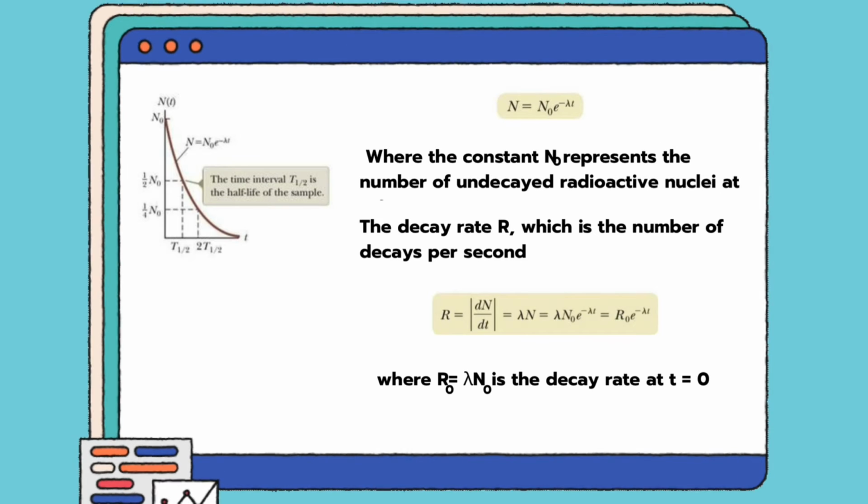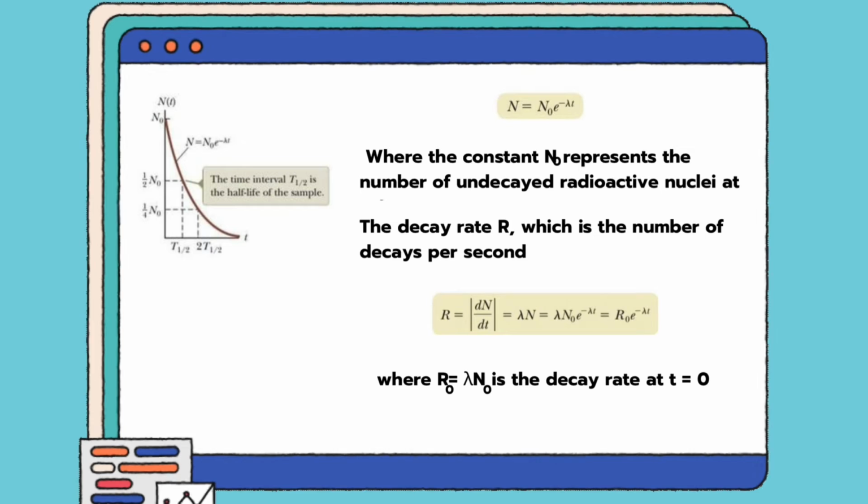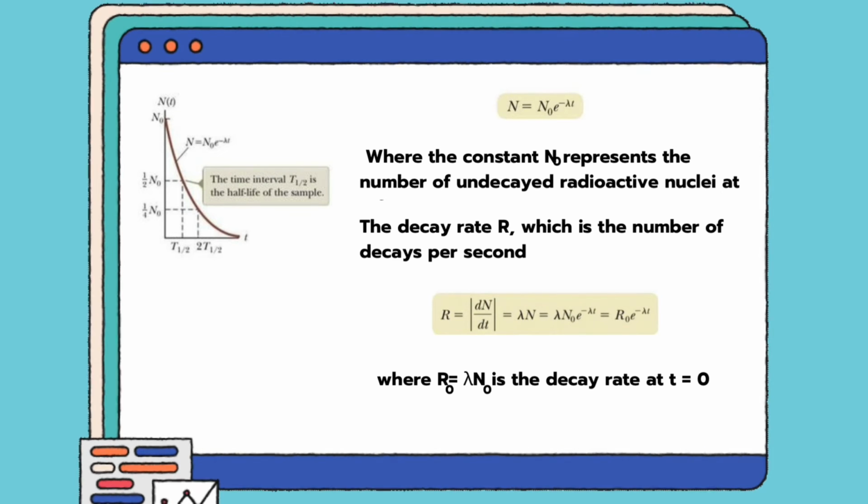The constant N0 represents the initial number of undecayed radioactive nuclei. The decay rate, which is the number of decays per second, where R0 equal to lambda N0 is the decay rate at time equal to 0.